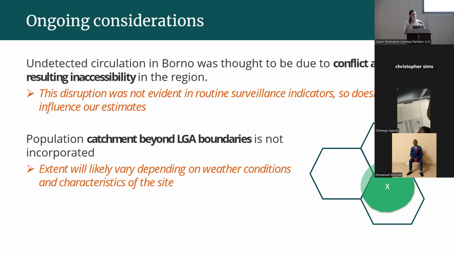And the extent of the catchment is likely to vary quite substantially depending on the type of site, things like recent weather conditions and the particular location and the nature of the population around that site, if it's rural or urban, for example. And so that's an additional source of variability that we maybe need to consider incorporating. But overall, it's reassuring that with this retrospective example, we seem to be yielding sensible conclusions that align with what was really observed.